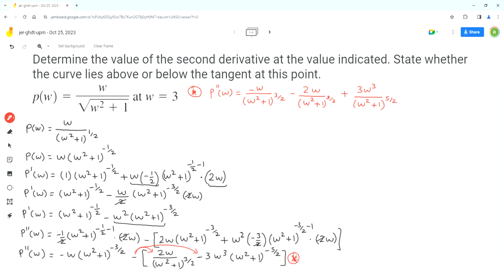Now the first two terms are like terms because the fractions have the same denominator. So we can combine them.